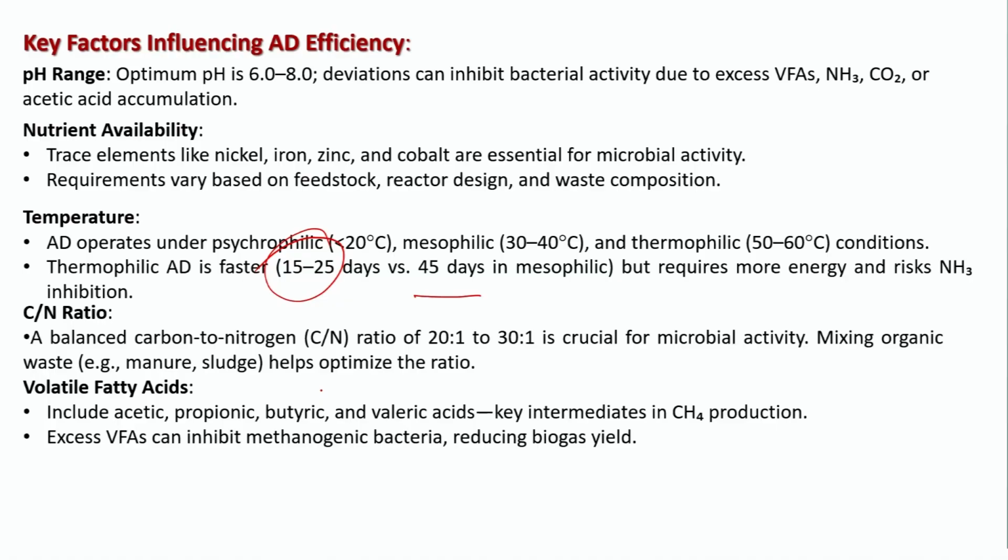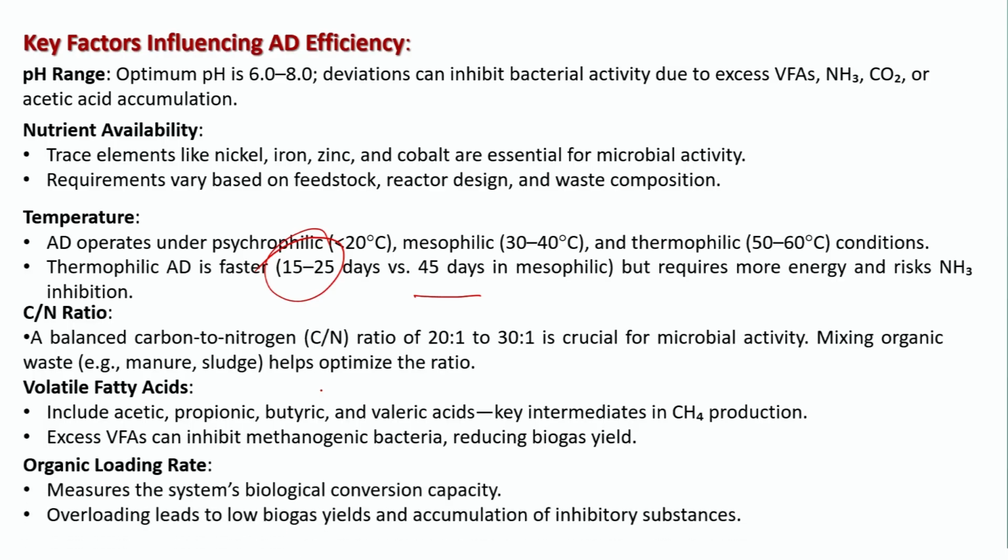Volatile fatty acid: this is going to include your acetic, propionic, butyric and valeric acid, which are key intermediates during this methane production. And excess of this volatile fatty acid can inhibit the methanogenic bacteria and reduce your biogas yield. So we have to take care of this part as well. The final part is organic loading rate.